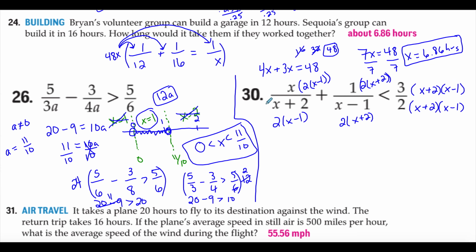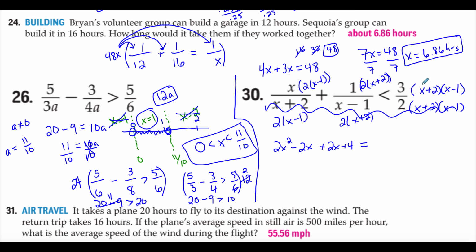All right, so once we get those common denominators, we forget about the bottom. We work across the top. So this becomes 2x. So that's 2x squared minus 2x. This one becomes, so that's a 1 times a 2, which is a 2. So this is a 2x plus 4. And then remember, we change that to an equal sign.